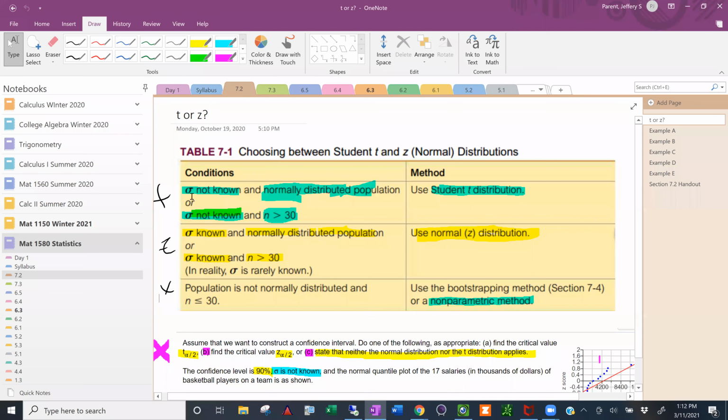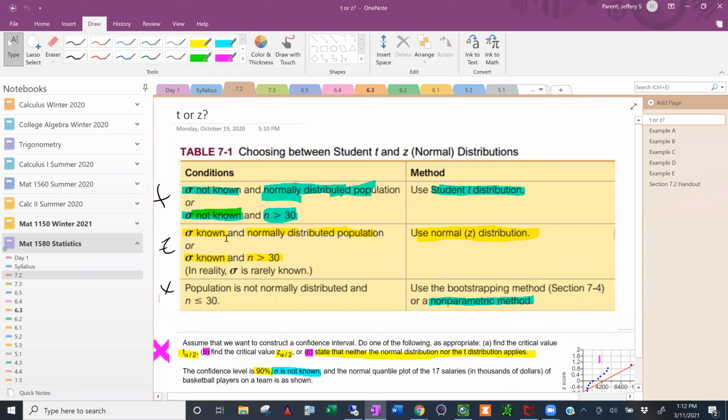So, what are the conditions under which you use a T distribution? Well, the big one to use a T distribution is that you don't know what the population standard deviation is. That is, sigma is not known. Okay, if sigma is not known, then in order to use a T distribution, you have to have one of two things. You have to have a normal population, or the sample size is greater than 30.